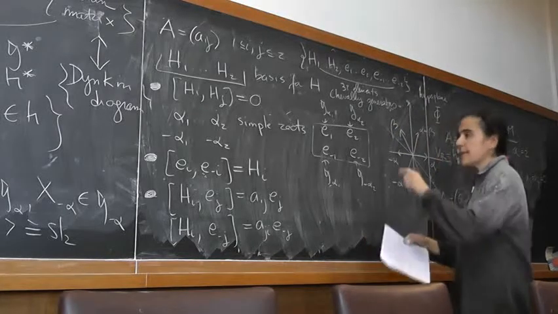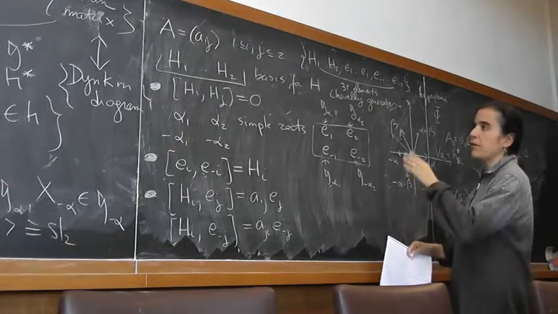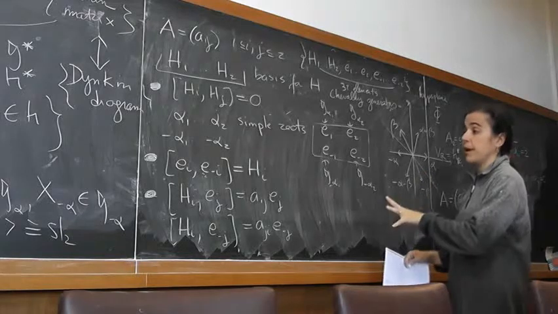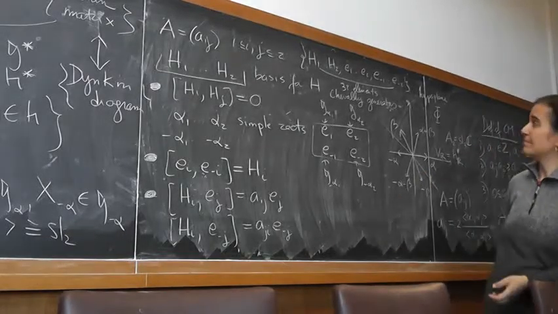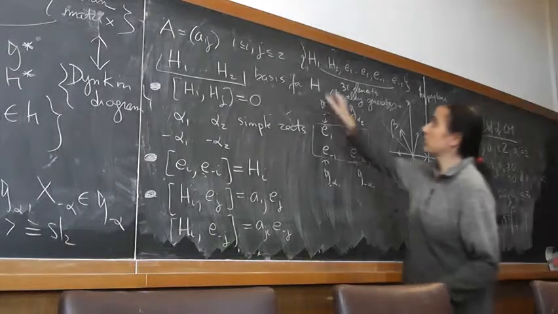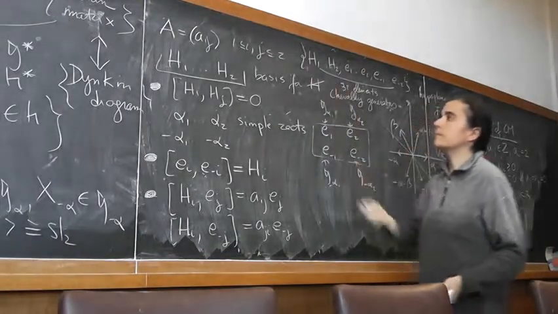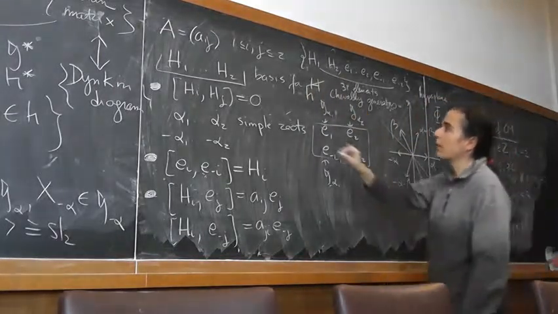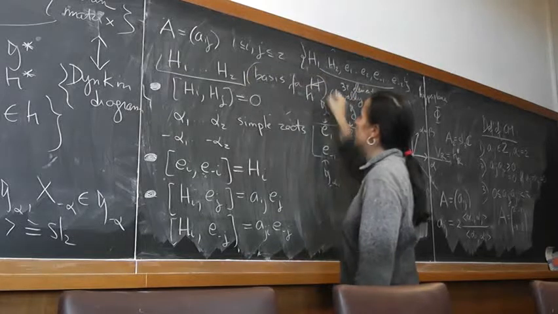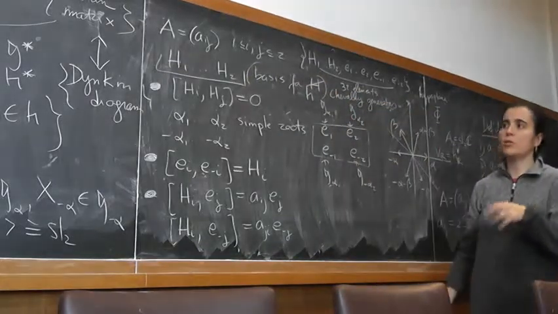Now these relations, if you have the free algebra, are not enough to define it. Who is H? The vector space H will be our Cartan, which I don't know what it is.